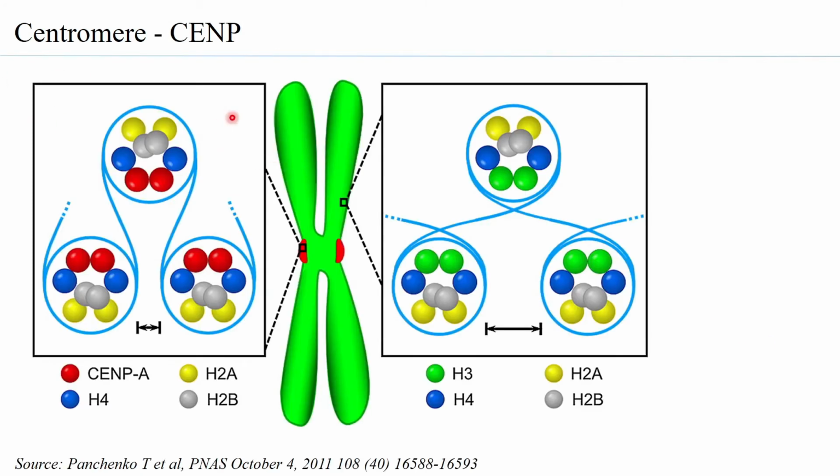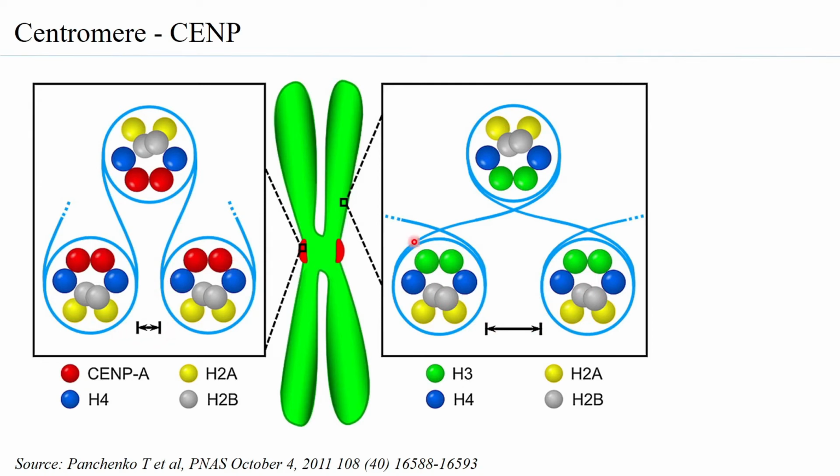Looking further at the CENP-A, again looking at the kind of architecture or the higher order structure, this is a normal canonical nucleosome core particle. When you have this, you can see that you have left-handed winding and a zigzag pattern, but the space between two adjacent core particles is greater than when you have the CENP-A variant.